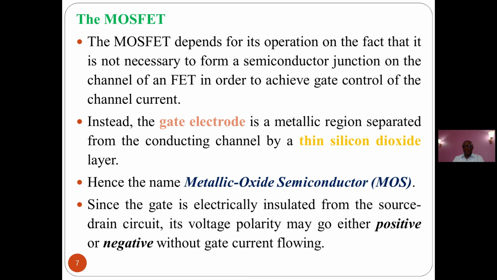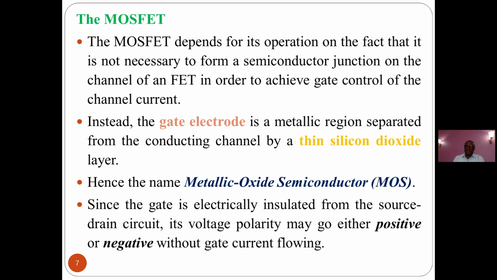So if you go back and look at the circuit symbol, you see that for the metallic oxide semiconductor symbol, the gate is not touching the junction there, where you have the drain and the source.